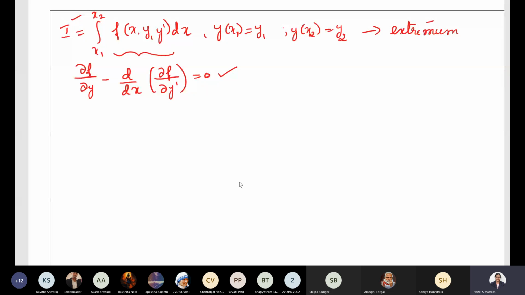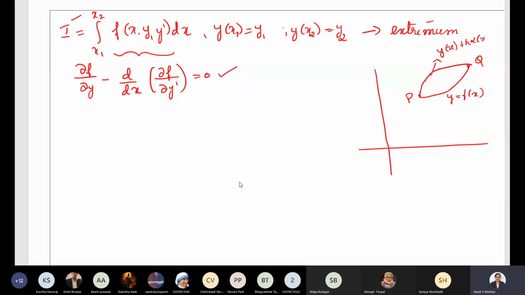So now we shall prove this. Consider this figure and you have a curve. I consider a curve, say y equal to f of x. Initial point is P, end point is Q. Then I consider one more curve, a neighborhood of the previous curve, with equation y of x plus h times alpha x, a slight variation in the previous one.